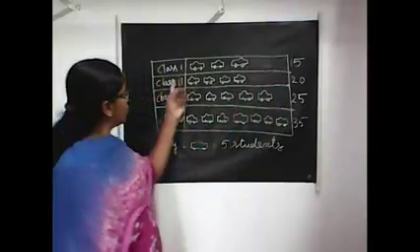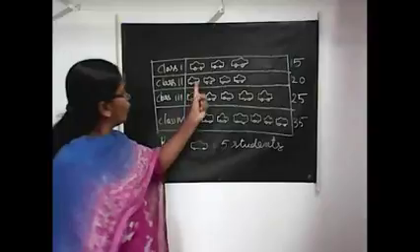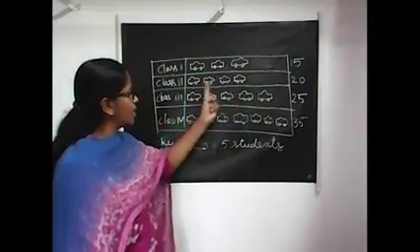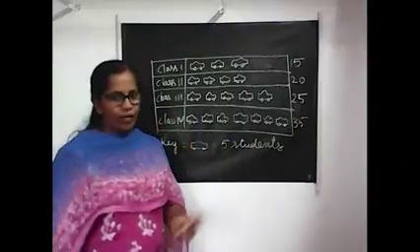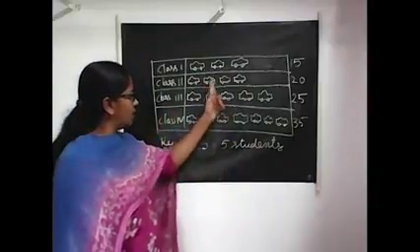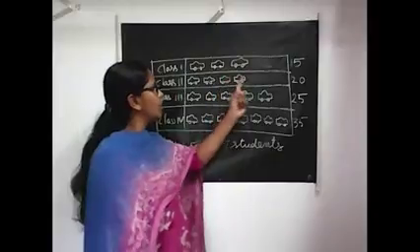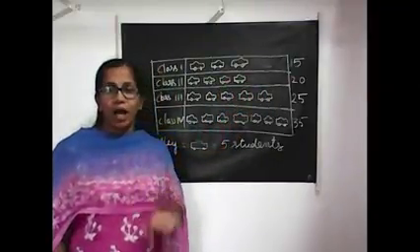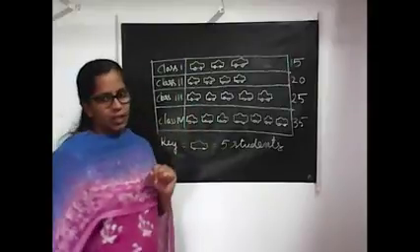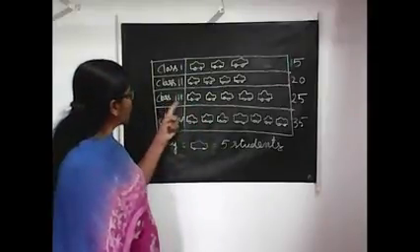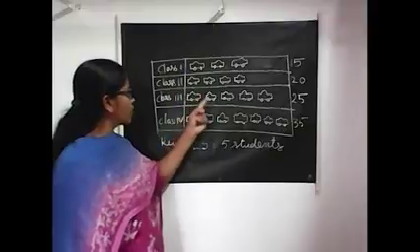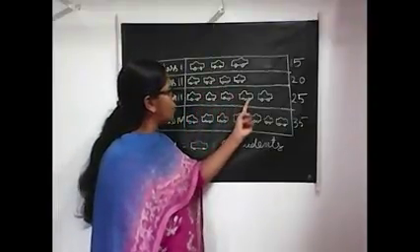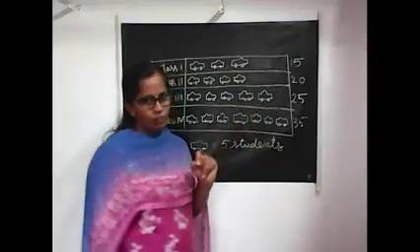Then move to class 2. 5, 10, 15, 20. Because each car is equal to 5. So 5 plus 5, 10. 10 plus 5, 15. 15 plus 5 is 20. So the number of students who come by car in class 2 is 20. Then class 3. 5 plus 5, 10. 10 plus 5, 15. 15 plus 5, 20. 20 plus 5, 25.